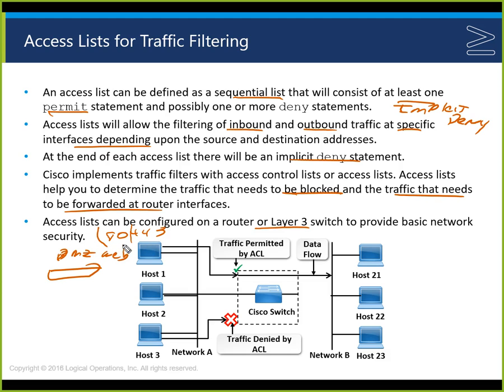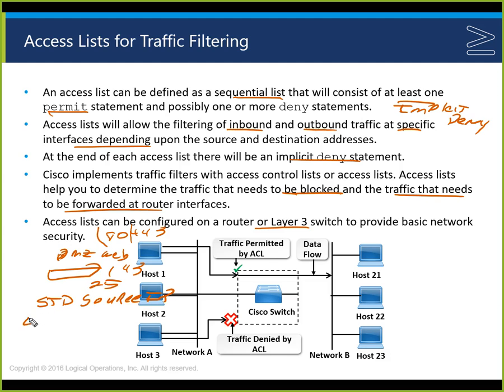If we have a mail server here, maybe 143.25, in order to use the mail services. So we can use an access control list to specify IP address. Remember, the standard is the source IP only, is what it can do.